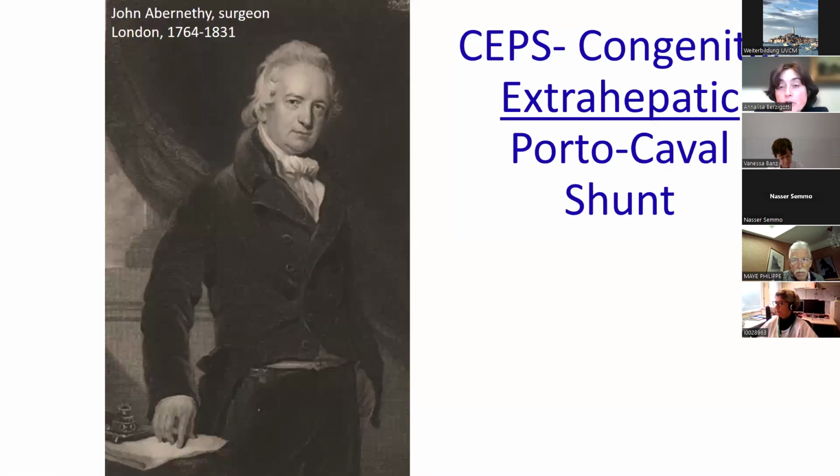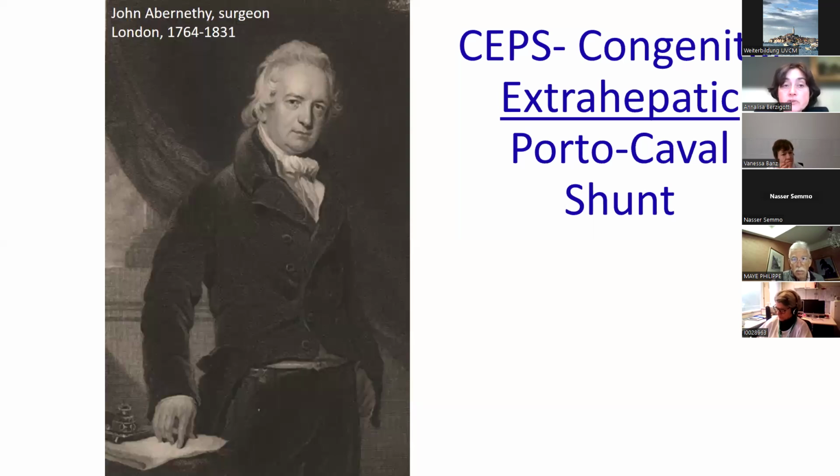But much more important is the other situation, which is what we call congenital extrahepatic portocaval shunt, which in the past was called Abernethy malformation. And of course, many of us still refer to this term.